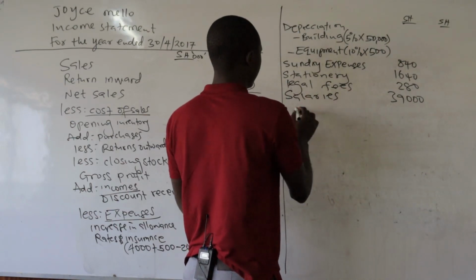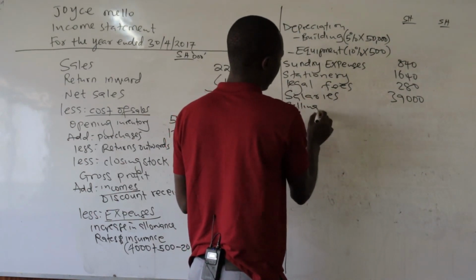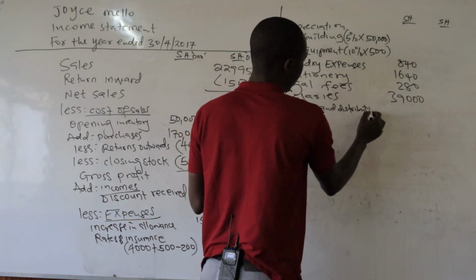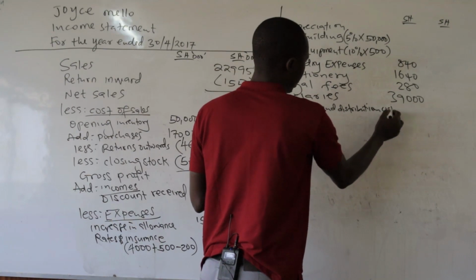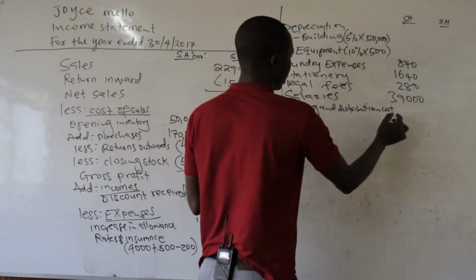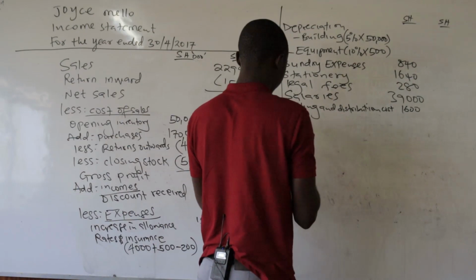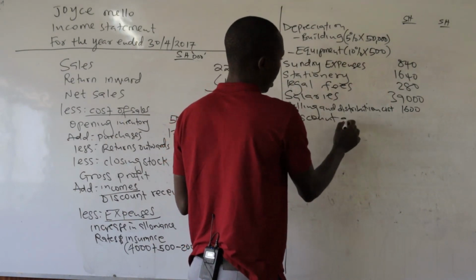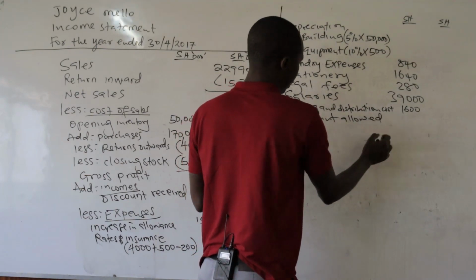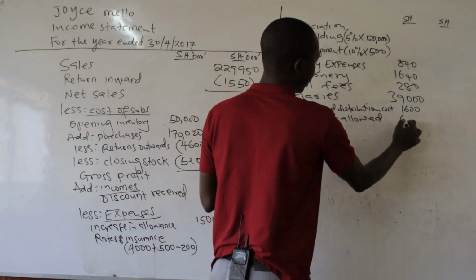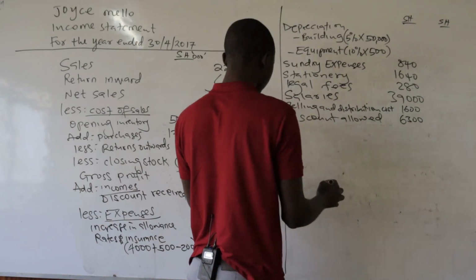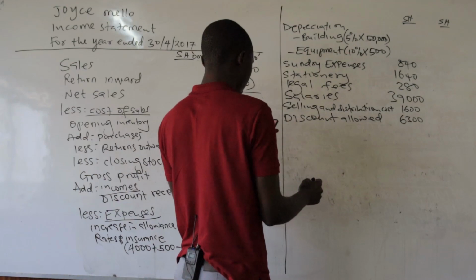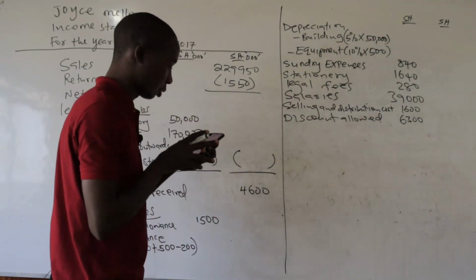So I can see selling and distribution cost 1600. We have discount allowed. So for the discount allowed, we have a 6300. So up to that point, we are done with the expenses.